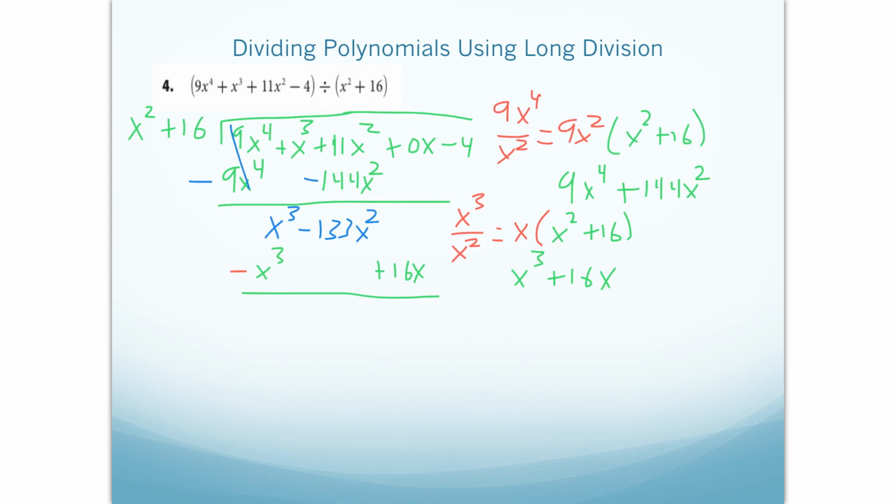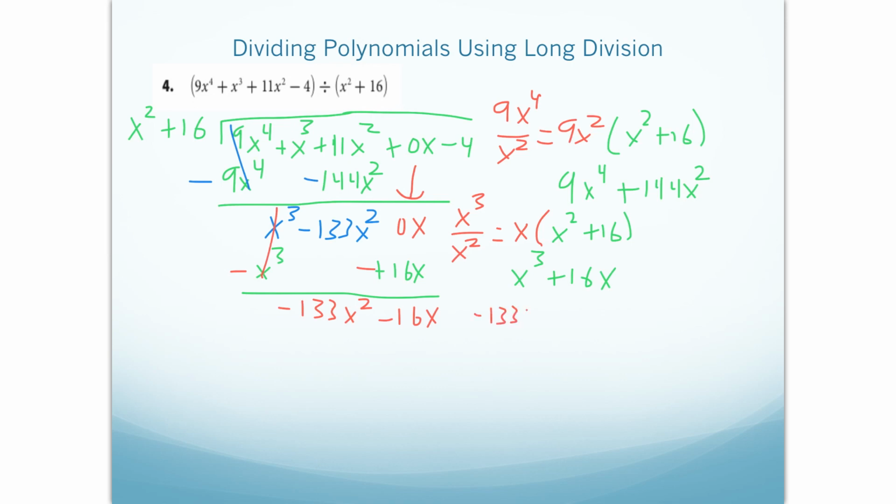Subtract them. First terms cancel out. Negative 133x squared. We should bring this 0x down too. That's going to be minus 16x. And keep repeating until you run out of factors that work.